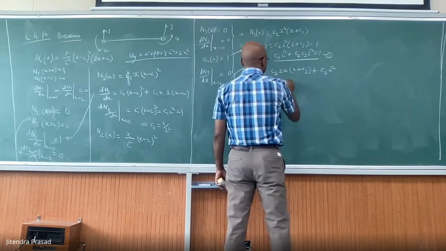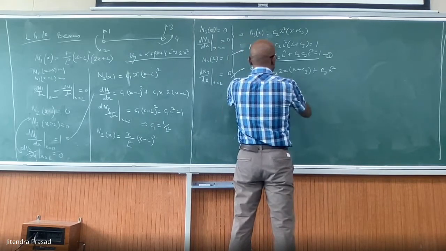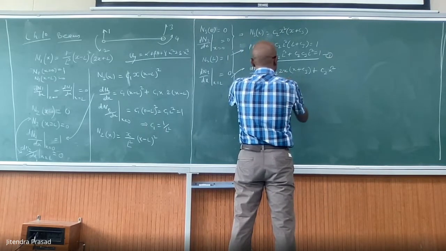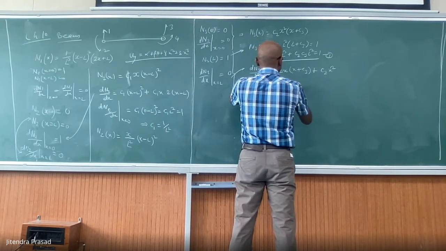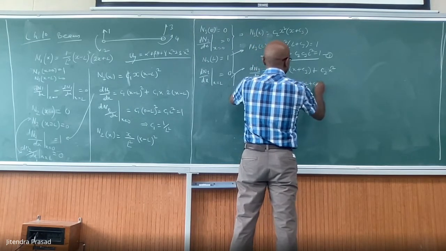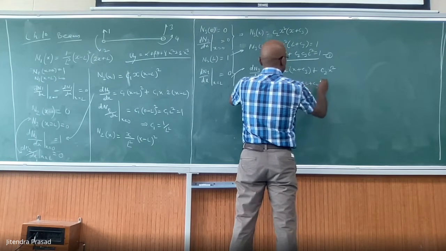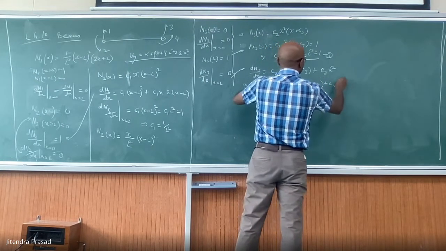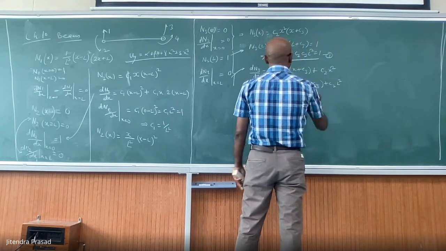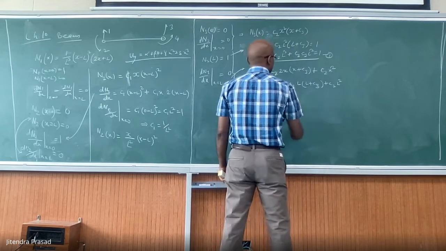So here we put all the values: 2 C2 L (L plus C3) plus C2 L square.